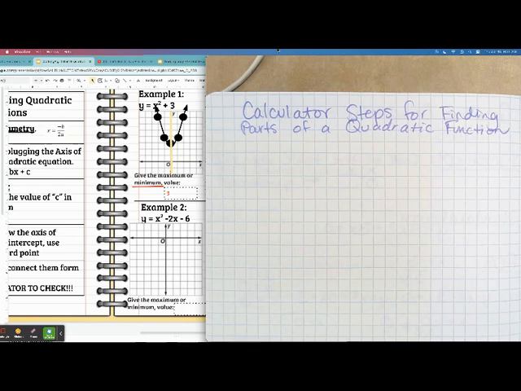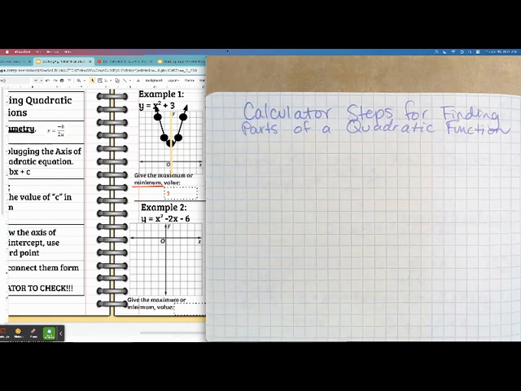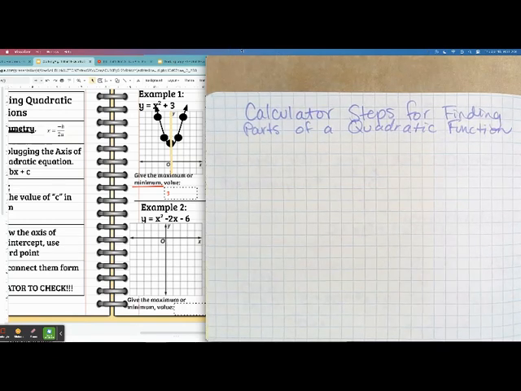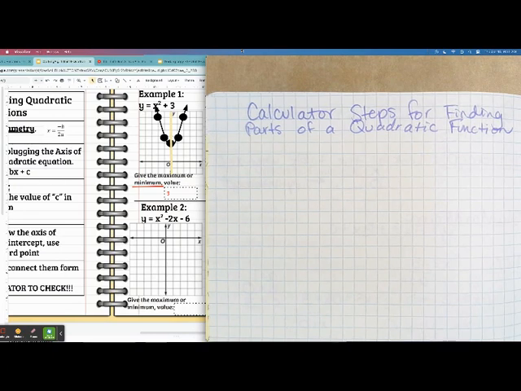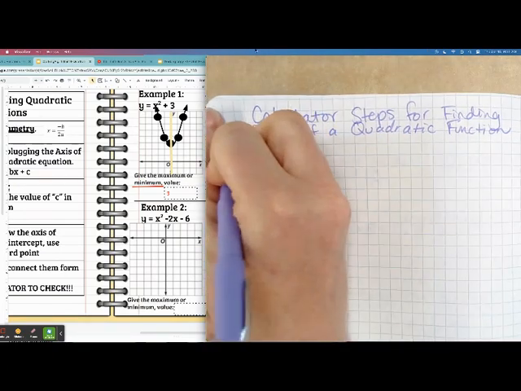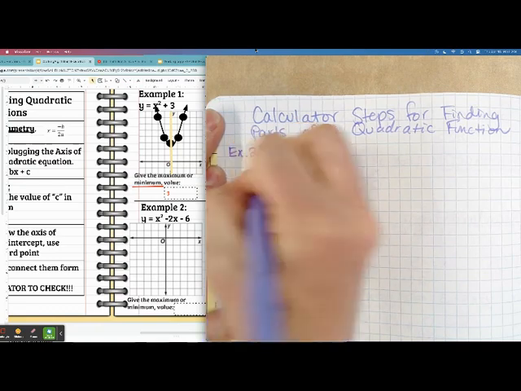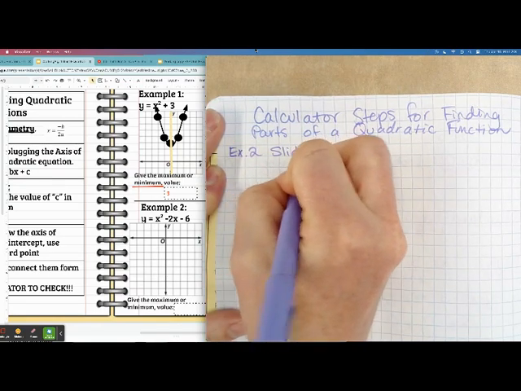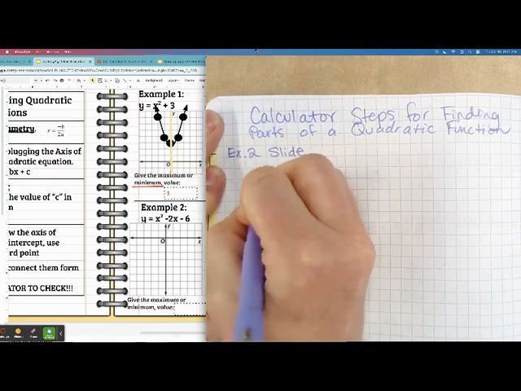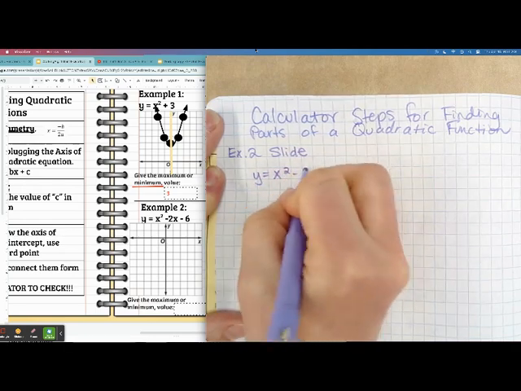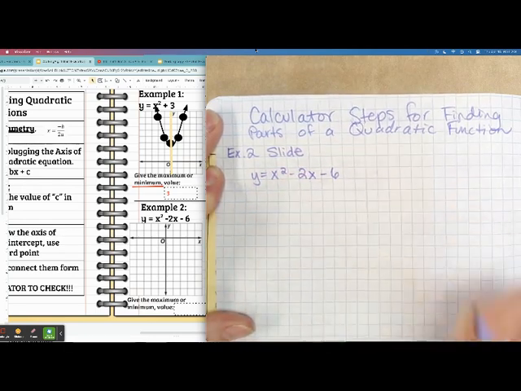So calculator steps for finding parts of a quadratic function. Let's look at the example they've given us. This is example 2 on slide 8. This is y equals x squared minus 2x minus 6.